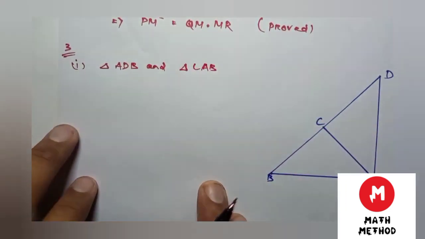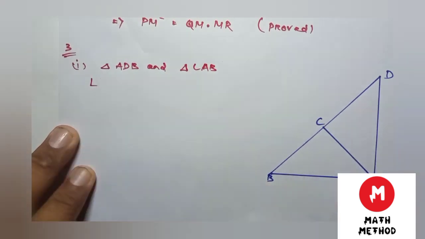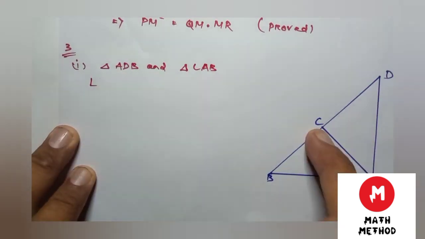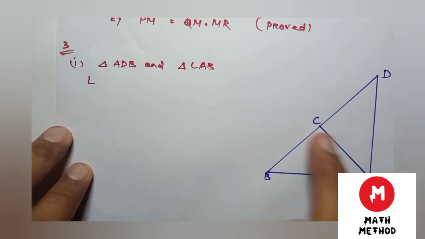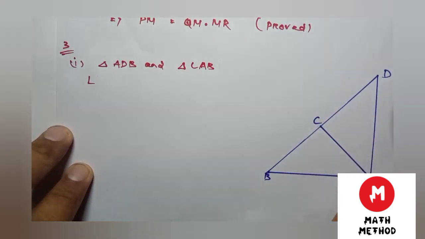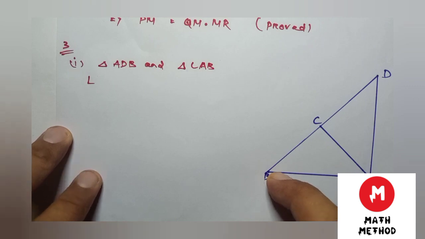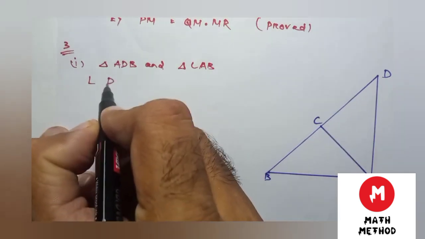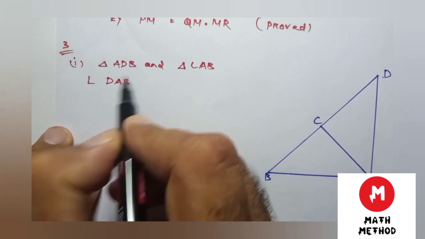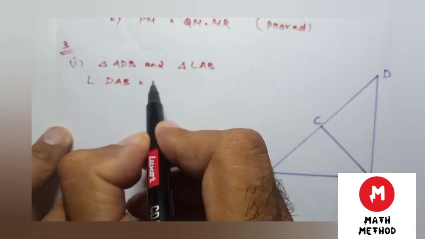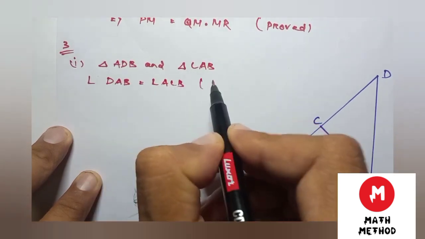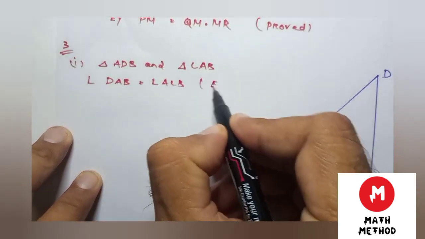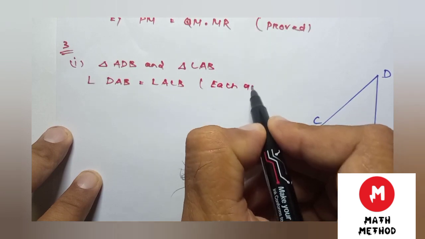So both triangles have angle DAB. Angle DAB is equal to angle ACB, because both are 90 degrees. So we can say each is 90 degrees.